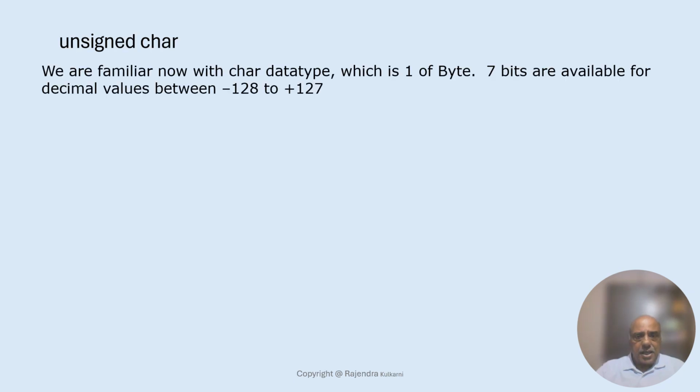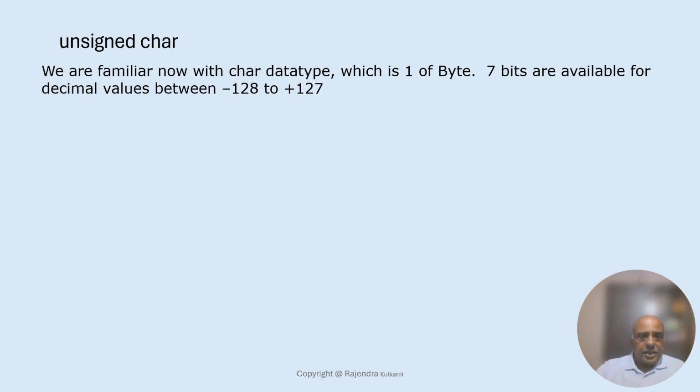Unsigned char variables can also be declared. Then the 1 byte will contain values between 0 and 255. When it is not declared as unsigned, then 7 bits are available for decimal values between -128 and +127.